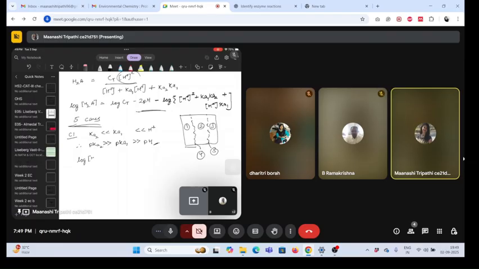Log H2A is equal to log Ct minus 2pH minus log H plus square, and we can write this as 2pH, right? So log H2A is equal to log Ct. So in this pH range, log H2A is equal to log Ct.